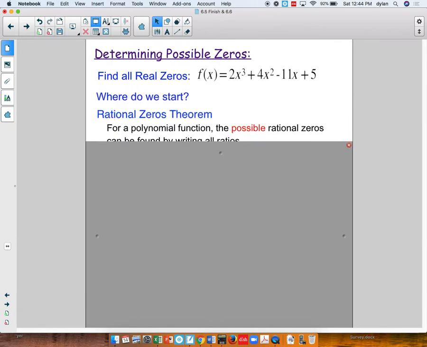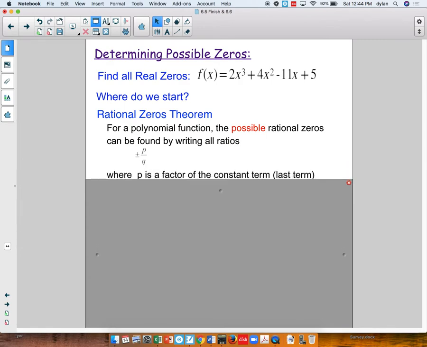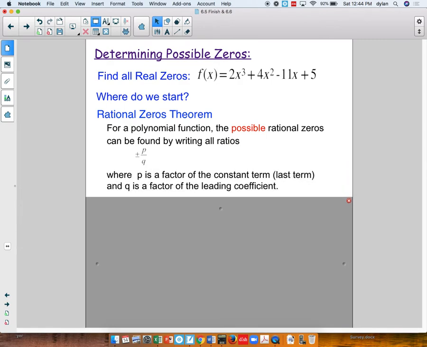The rational zeros theorem is what helps us do that. It says that for a polynomial function, the possible rational zeros can be found by writing all the ratios p over q, plus or minus, where p is a factor of the constant term, in other words the last term, and q is a factor of the leading coefficient.